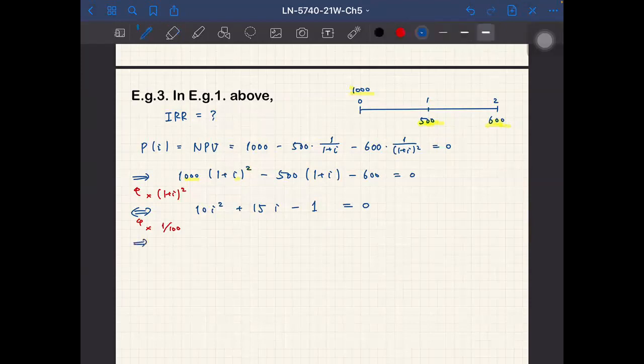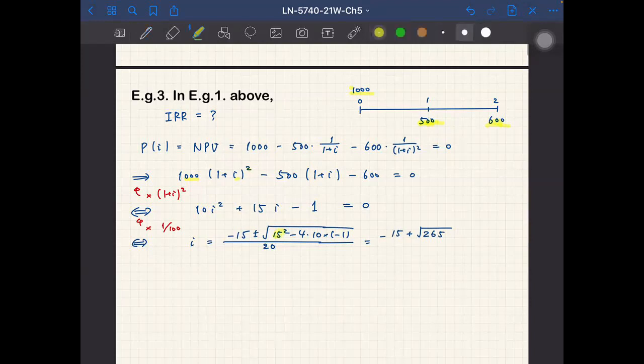So i is, using the formula for the quadratic equation, negative 15 plus or minus the square root of 15 squared minus 4 times 10 times negative 1, all over 20. 15 squared is 225, and the other part is 40, so 265.